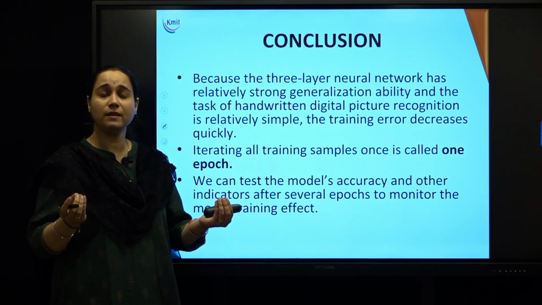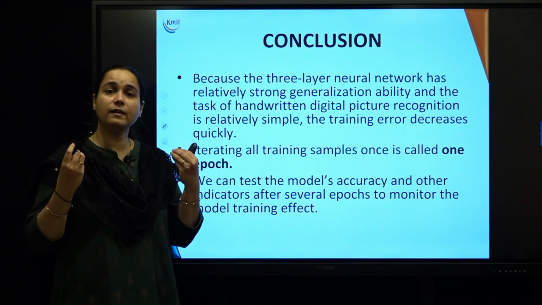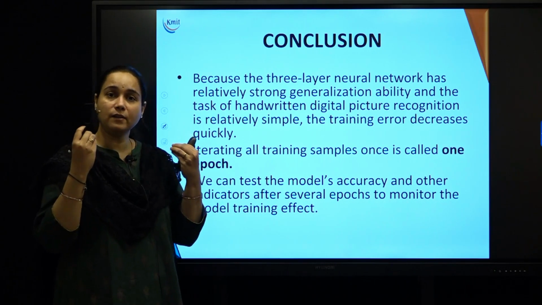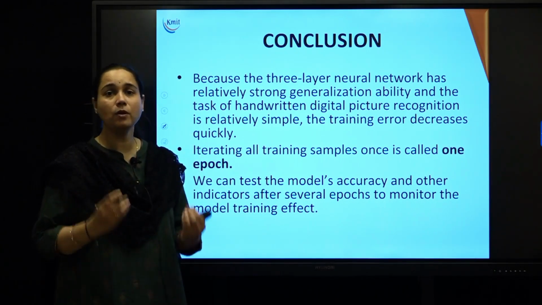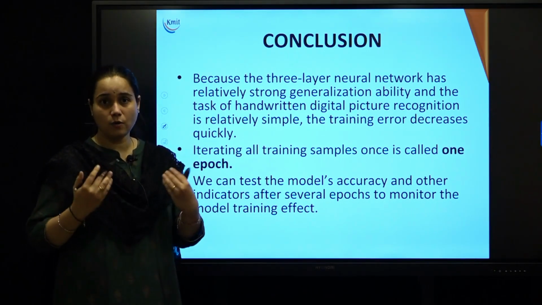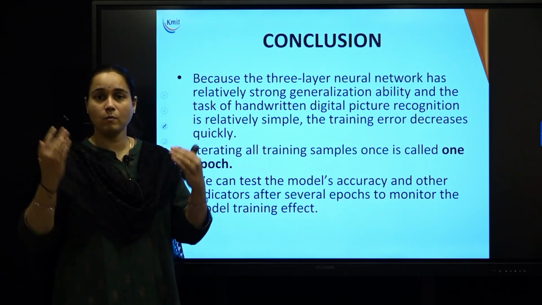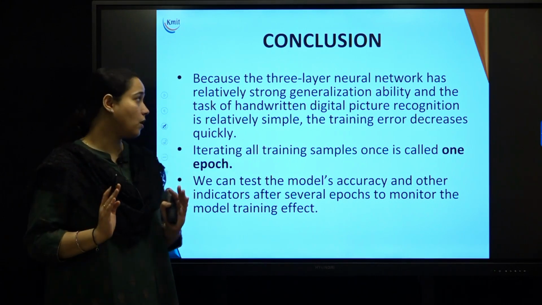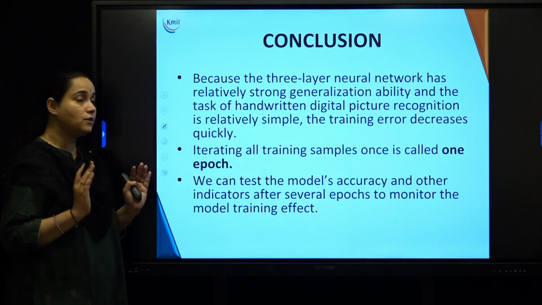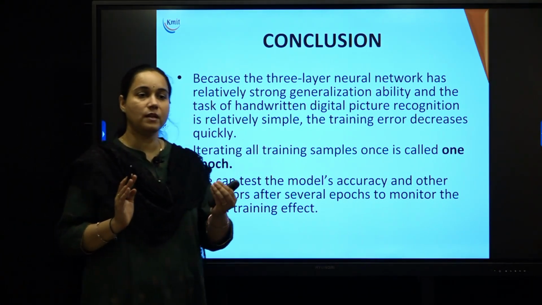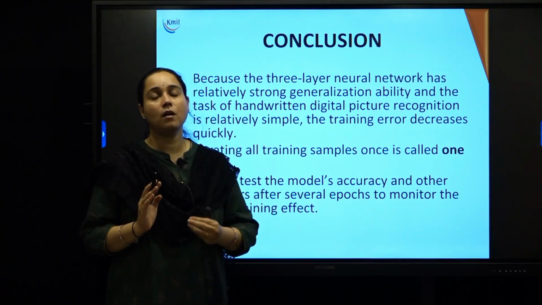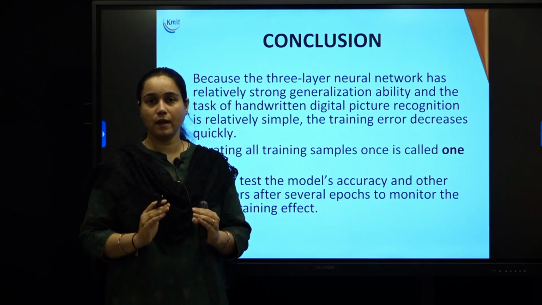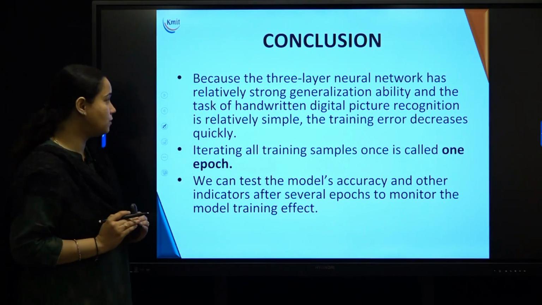Generalization ability means you are able to predict correct data for any training input or test input or any new input. Your output that you are getting is almost accurate. Okay, so generalization is strong with this particular model and you will see that the errors in training were very low, and this is the conclusion.